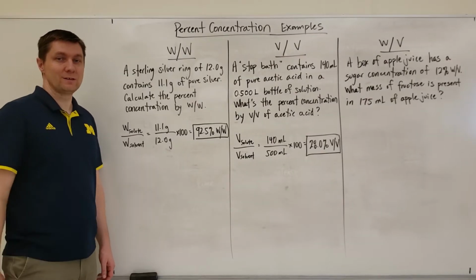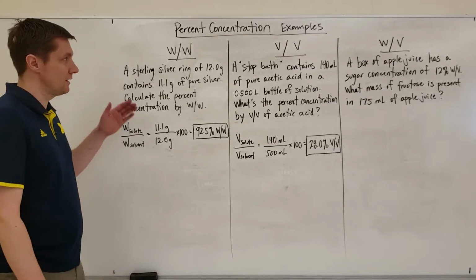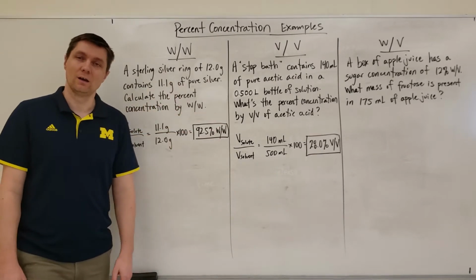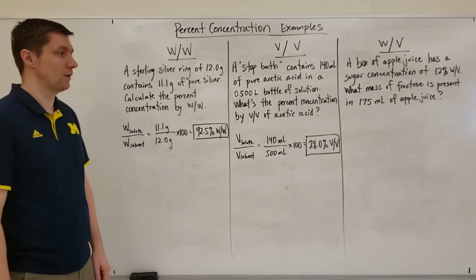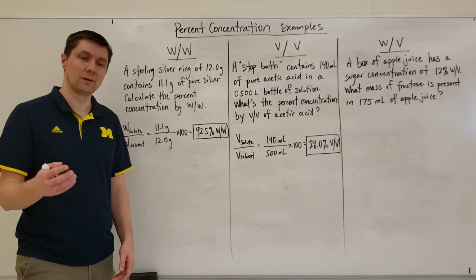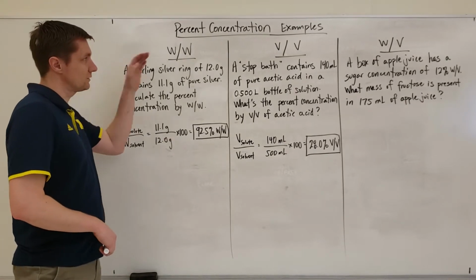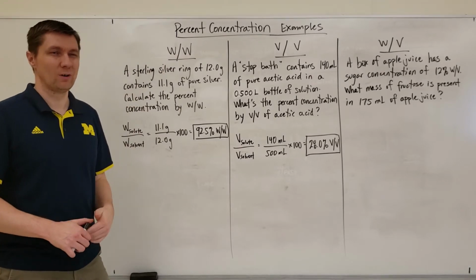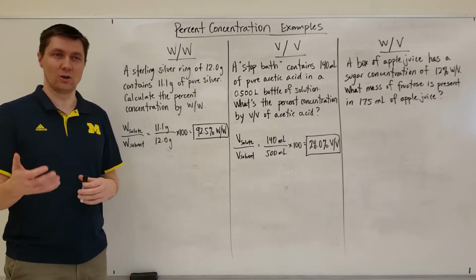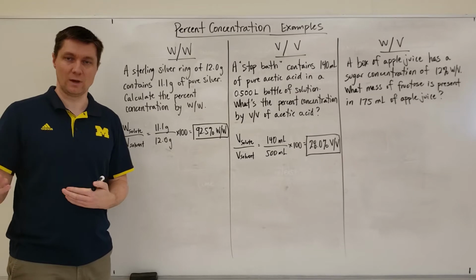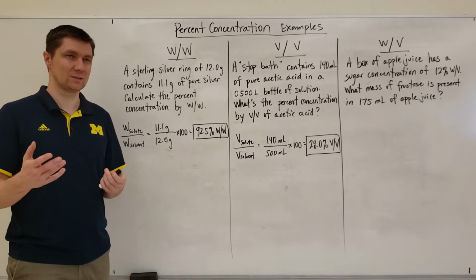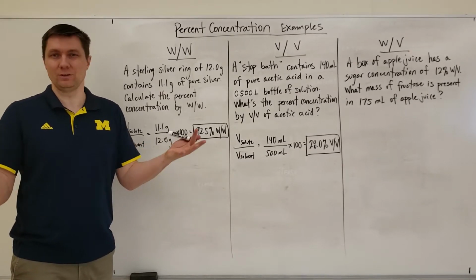Okay, so we've got three examples up here on the board that illustrate these different types of percent concentration calculations. One thing I wanted to point out that I didn't in the previous clip was this concept of weights. I'm not really wild about how they call these percentages weight to weight, because weights and masses are really two different things.